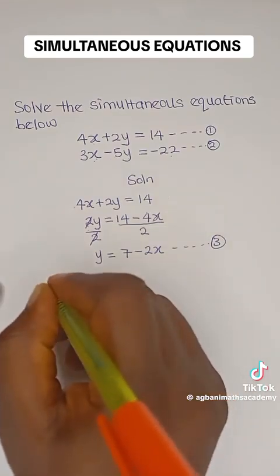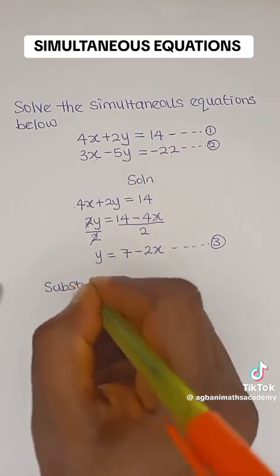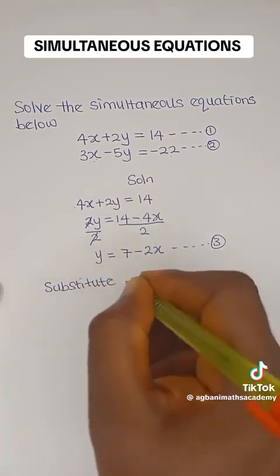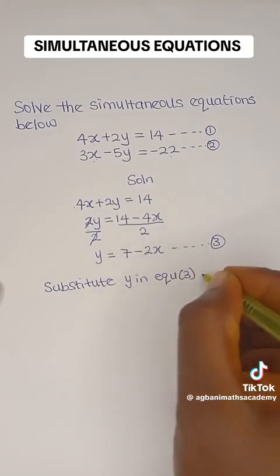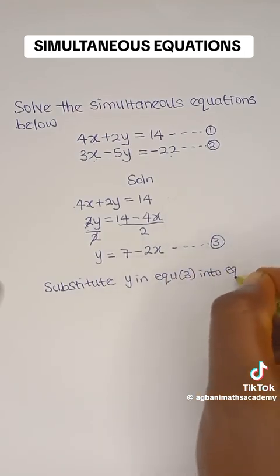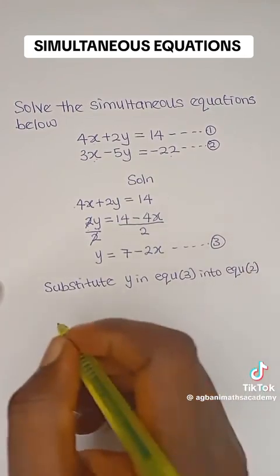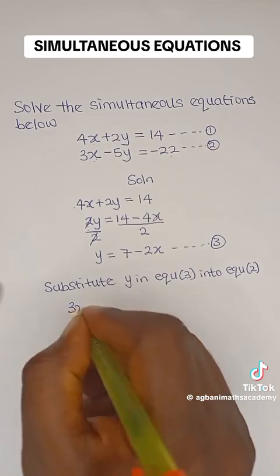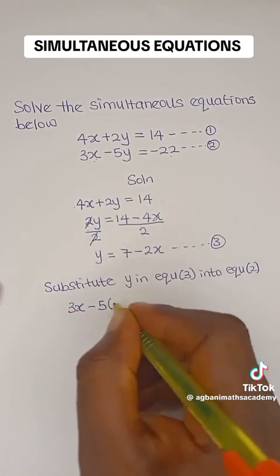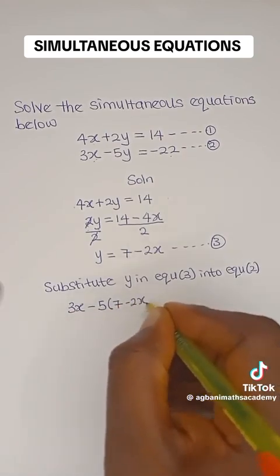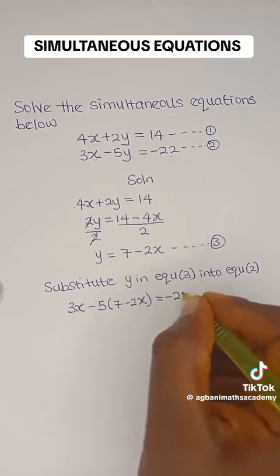Substitute y in equation 3 into equation 2. Okay, so we are going to have 3x minus 5, and instead of having y, we are going to have 7 minus 2x is equal to minus 22.